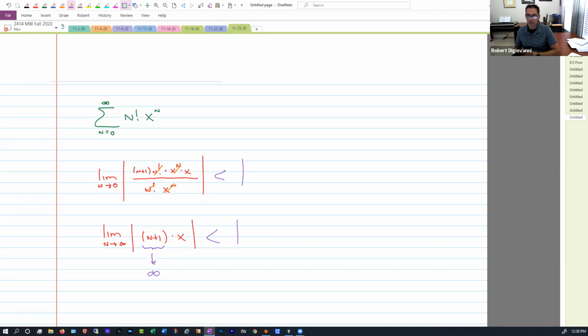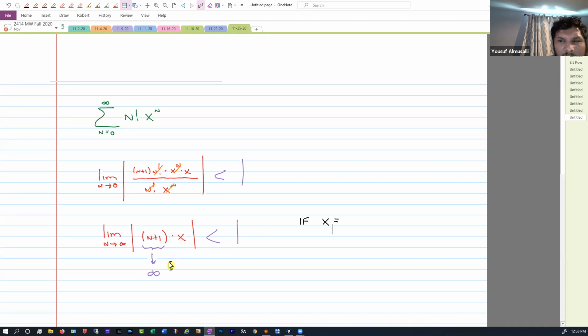I can't control that really, right? Oh, well, wait a minute, I can control it if I pick x to be what? If x is what, then yes, this would be true. What number could I plug in here that would make this irrelevant? 0. If x is 0, right?